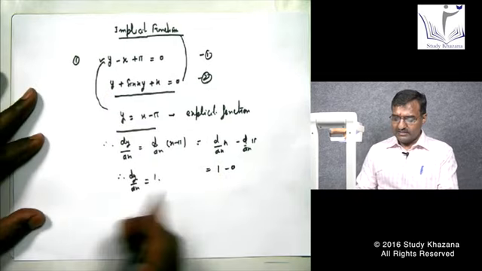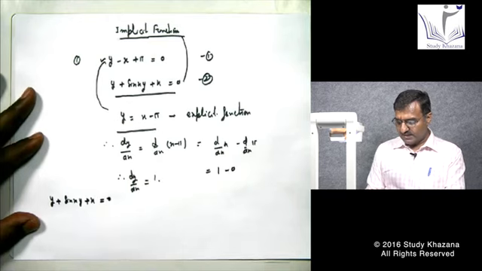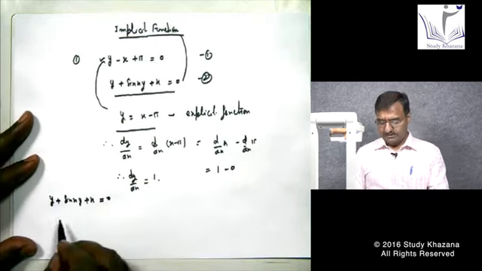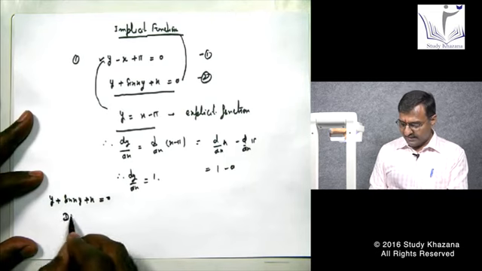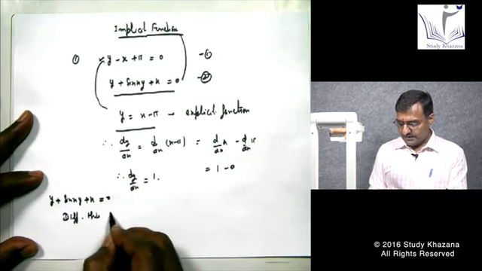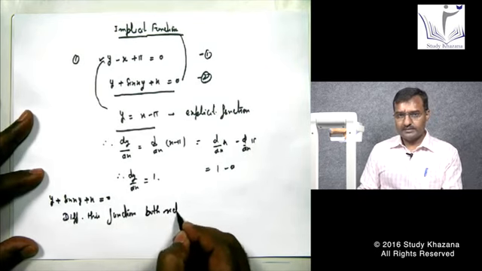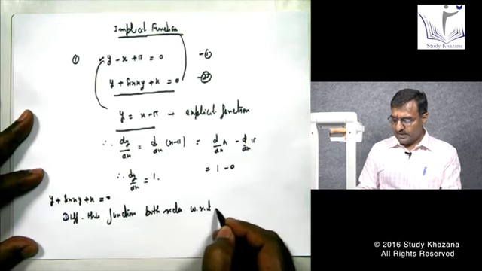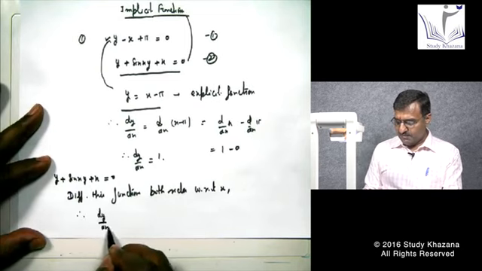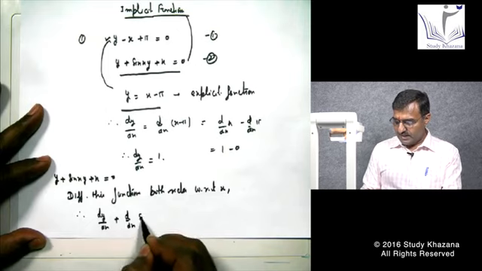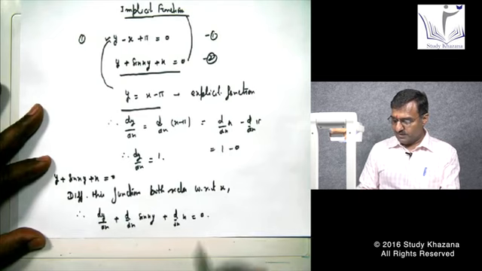Now in this function y plus sin xy plus x, how will I find the derivative? Here I have to differentiate this function with respect to x on both sides. So we proceed like this: d by dx of y plus d by dx of sin xy plus d by dx of x equal to 0.